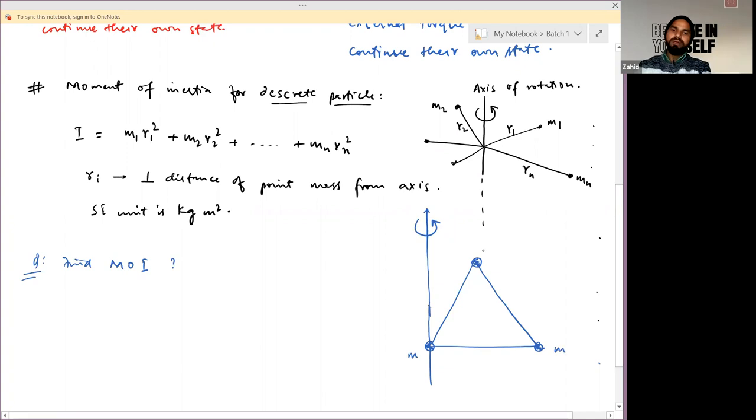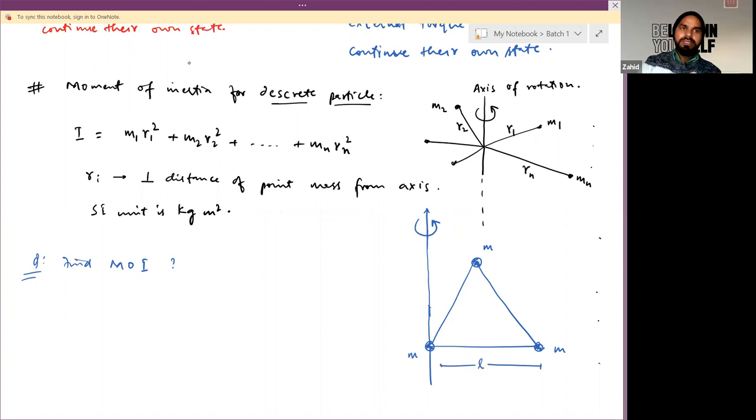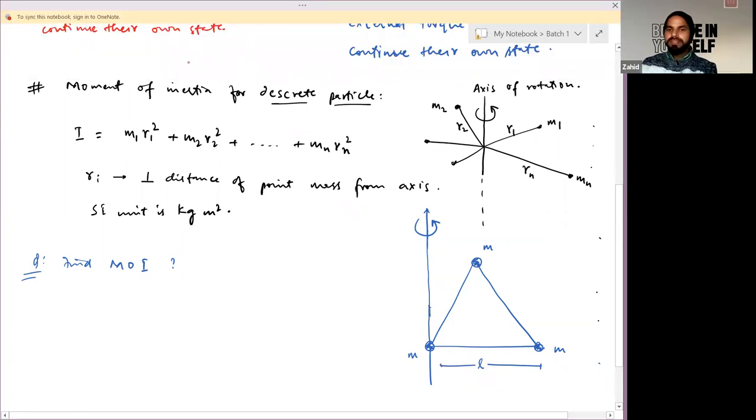Mass of each block is m, and this is an equilateral triangle having side L. So for any problem, first try to define the position of each block or each particle from the axis of rotation.